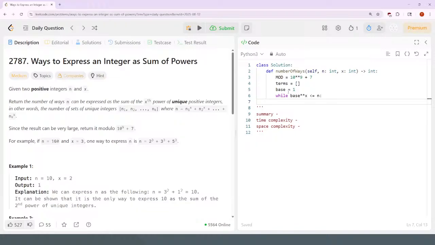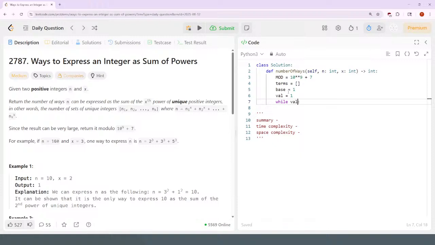How should I do this? I don't want to calculate it twice. I guess it's always going to be 1, so I'll say base is 1 and value is 1.